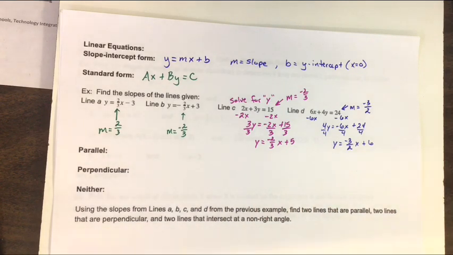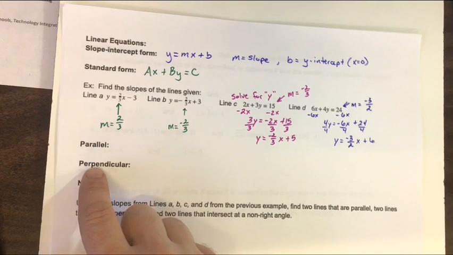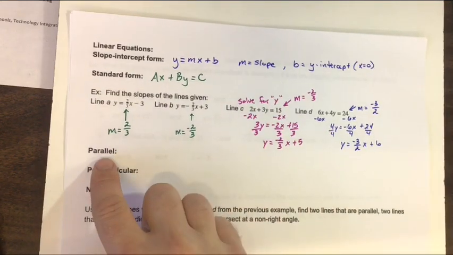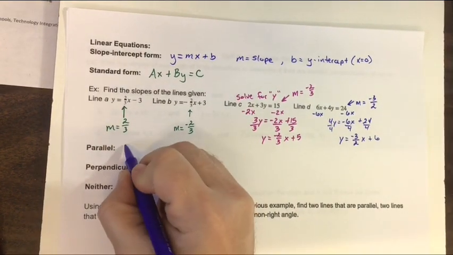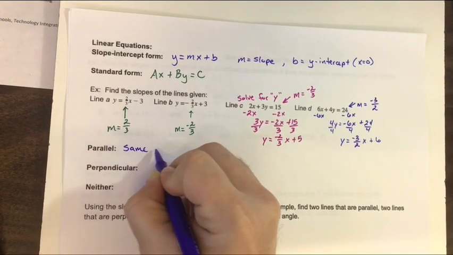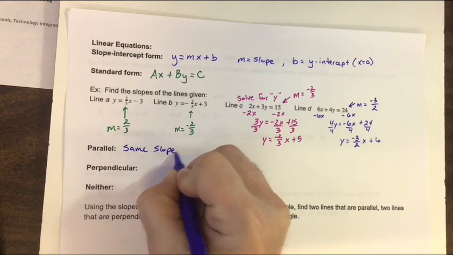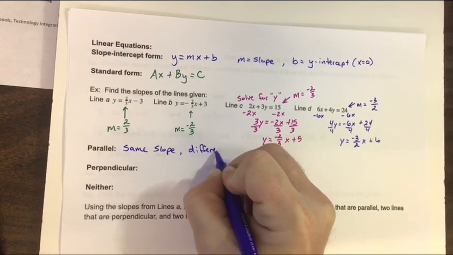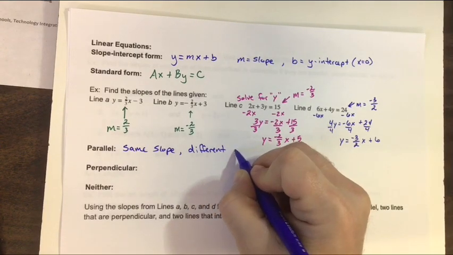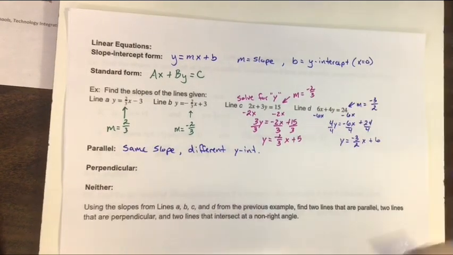When we look at multiple lines and we compare their slopes, that is enough to tell us the relationships of those lines. Okay? So on a graph, if two lines are parallel, they have the same slope and different y-intercepts.